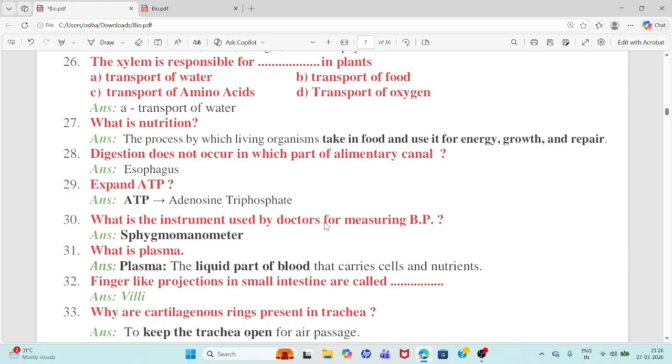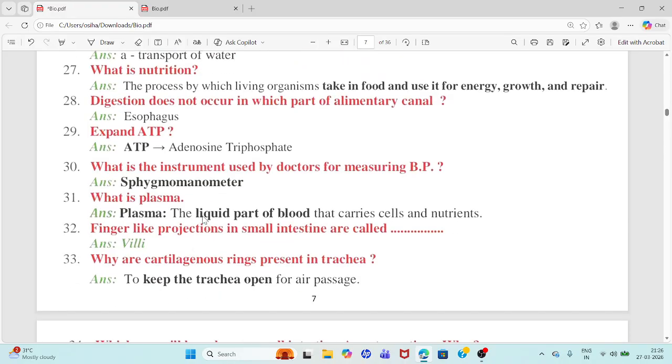What is the instrument used by doctors for measuring BP? It is the sphygmomanometer.